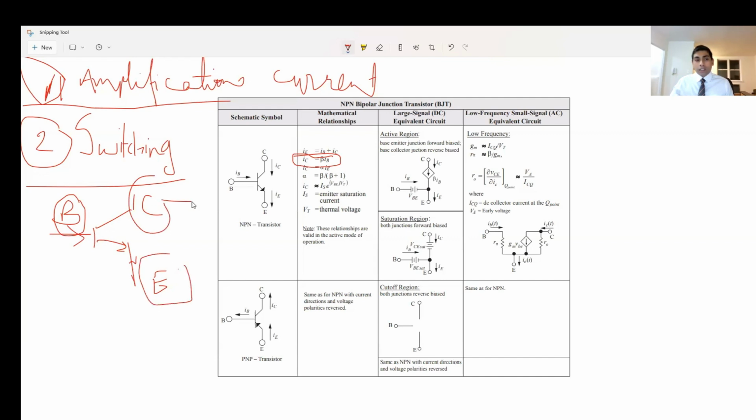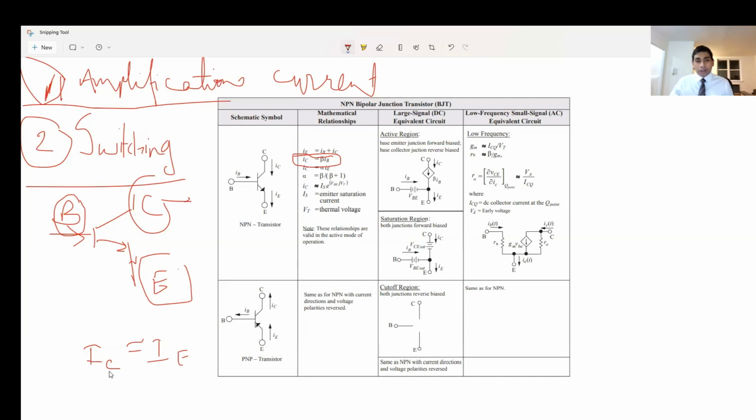So in most cases, the collector. And you would find that your collector current is more or less, I'm not saying exactly, but more or less equal to my emitter current, because my base current is usually very small. So my input is my base and my output is usually my collector.